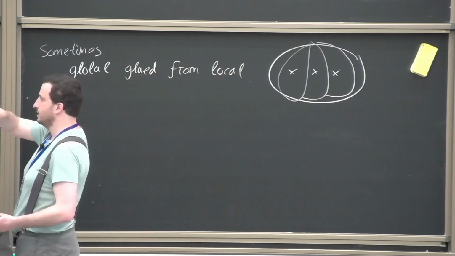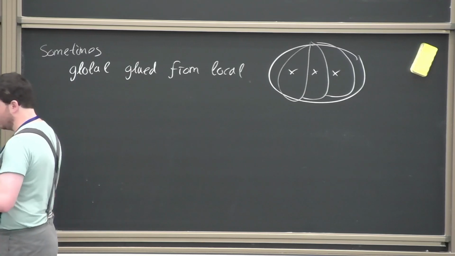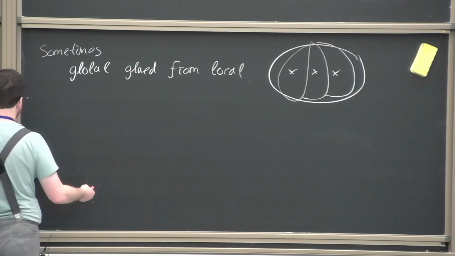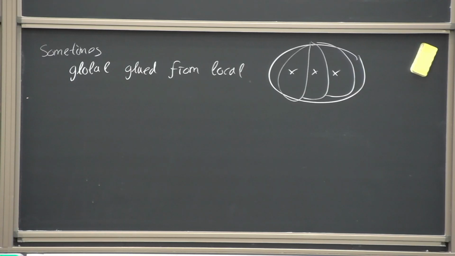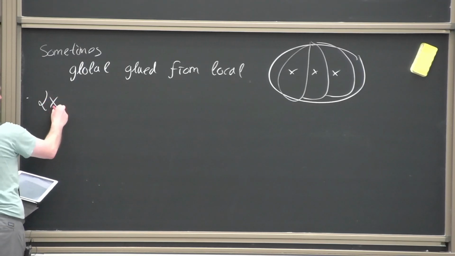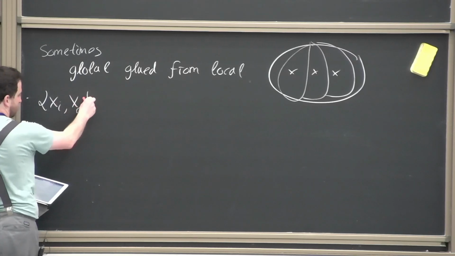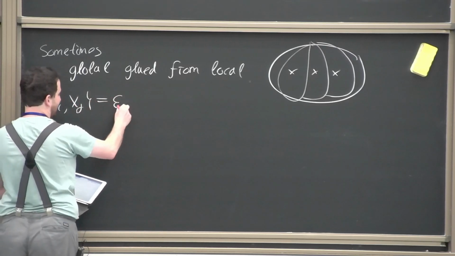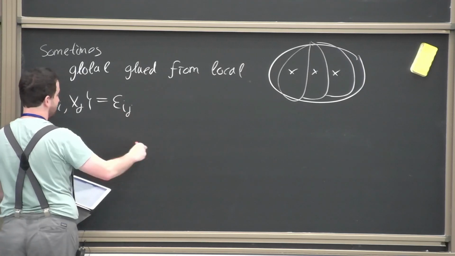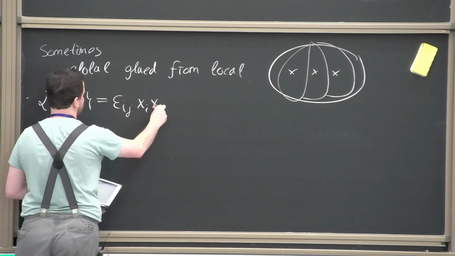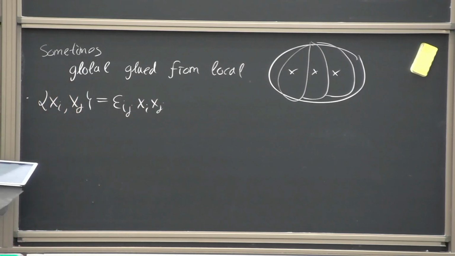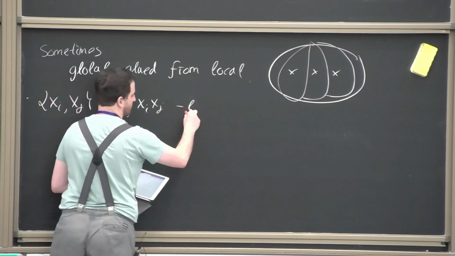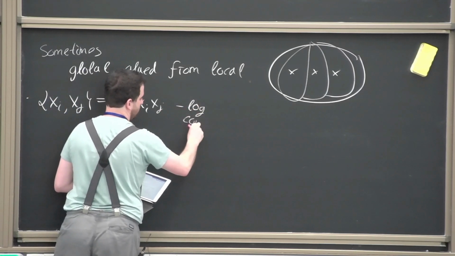These good Darboux-like coordinates are, in terms of Poisson bracket, logarithmically constant. So the Poisson bracket between these good coordinates that I still have on the board has the formula {xi, xj} = epsilon_ij xi xj, and is log constant.